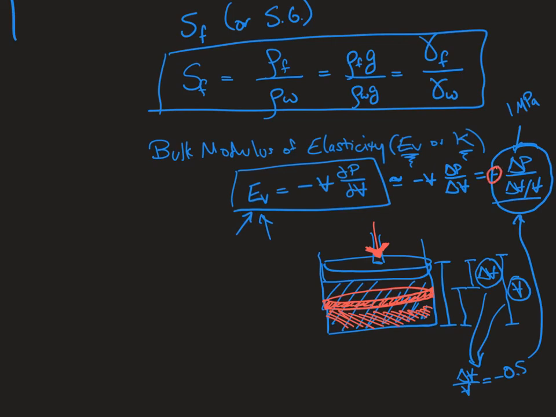Obviously, that's why they defined it this way. And so we would say that 1 megapascal is divided by negative 0.5 multiplied by negative 1, and this quantity for this imaginary problem would be 2 megapascals.